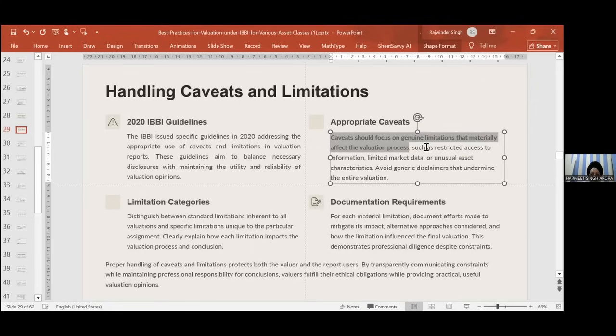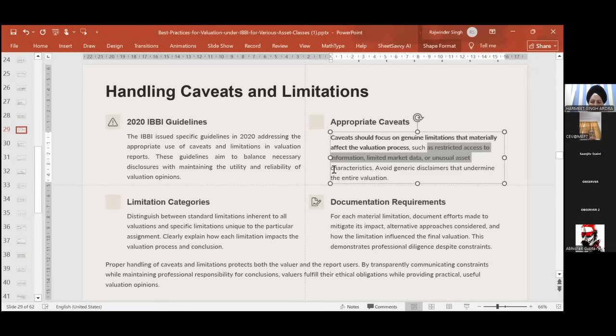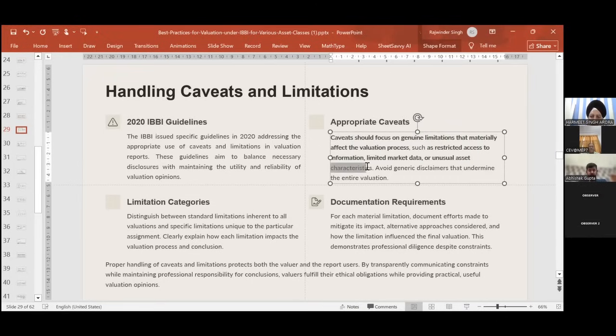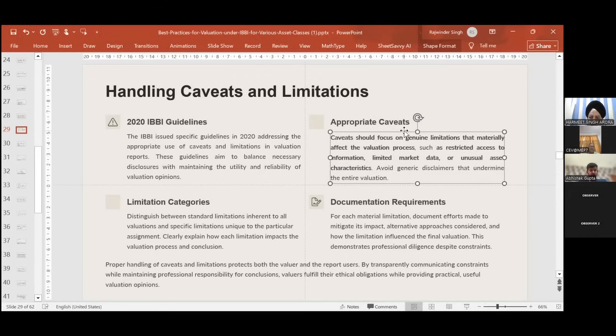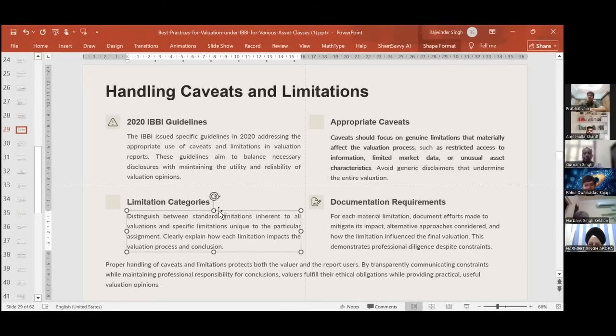So what that can be, for example, such as restricted access to the information, limited market data, or unusual asset characteristics. So avoid generic disclaimers that undermine the entire valuation process. So this is what you can mention in the valuation report about the caveats. So next thing is what are the things which you can mention as limitation in your valuation report.